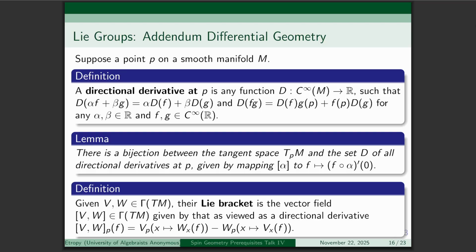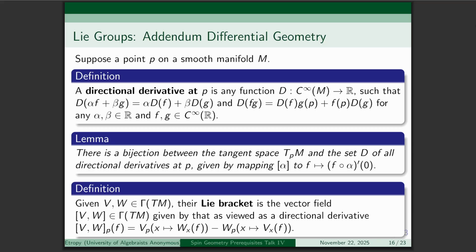So let's say we have two vector fields v and w, and let's think of our tangent vectors as directional derivatives. So in order to define the Lie bracket of v and w as a vector field, we're going to have to define the directional derivative associated to a point, so the tangent vector at any given point for our Lie bracket. To do that, we suppose some smooth function on our neighborhood of a point, and we want to define what the directional derivative is.